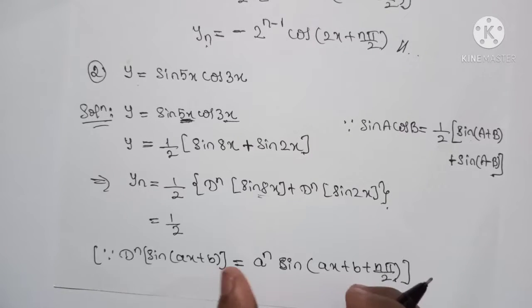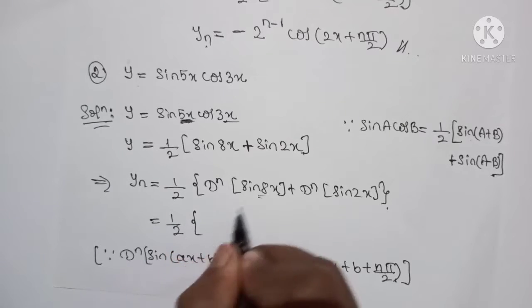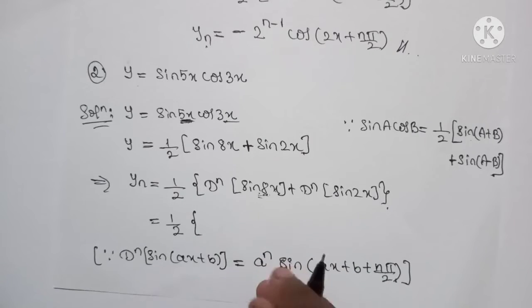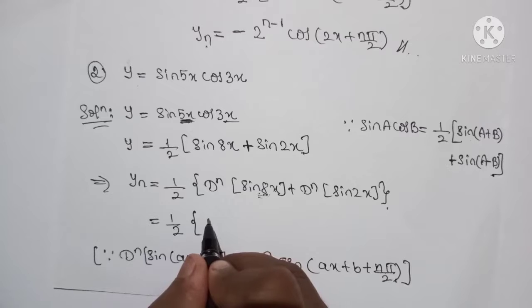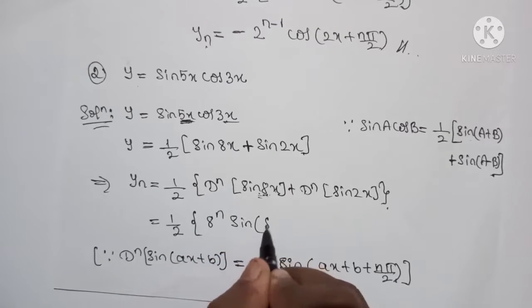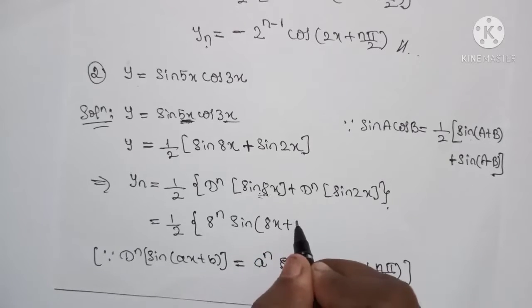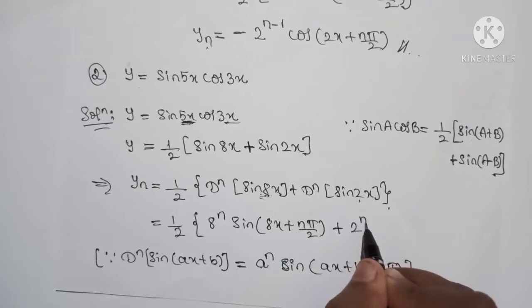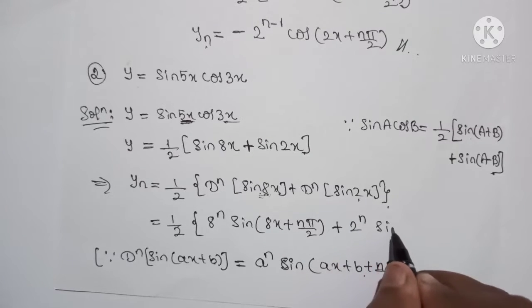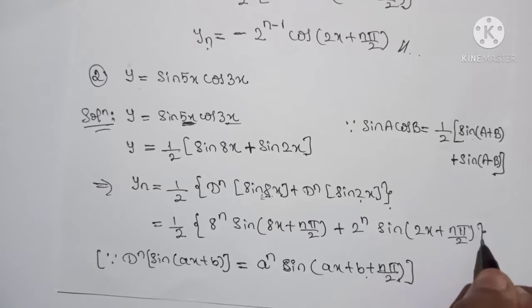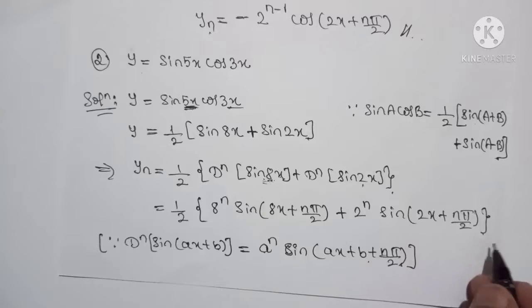Using this formula, for 8x the value of a is 8 and b is 0. So this can be written as 8 raised to n sine of (8x plus n pi by 2) plus 2 raised to n sine of (2x plus n pi by 2). Okay, this is the required answer.